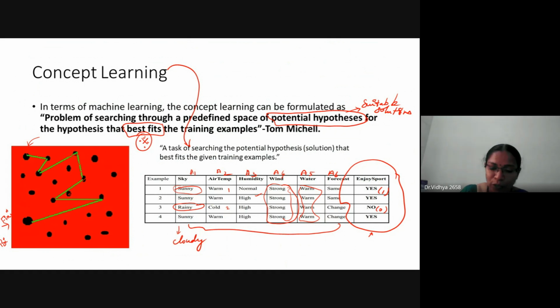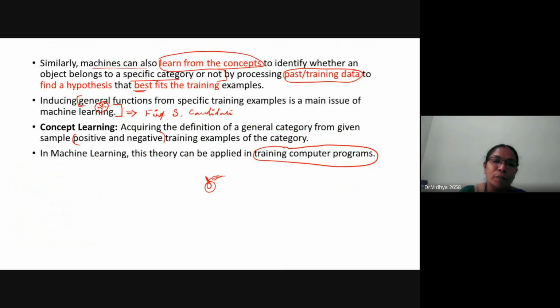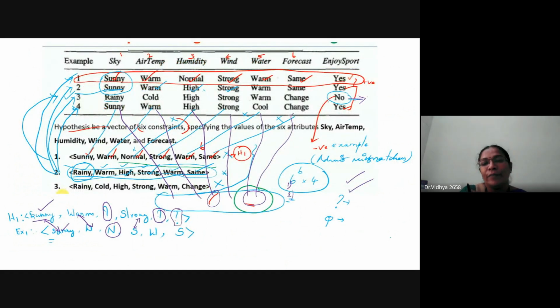Then we saw what a positive example and a negative example are, how learning happens for a human, and how the machine gets this concept learning idea and is trained. With this example, we also saw how the hypotheses were generated and how they are mapped to the example.